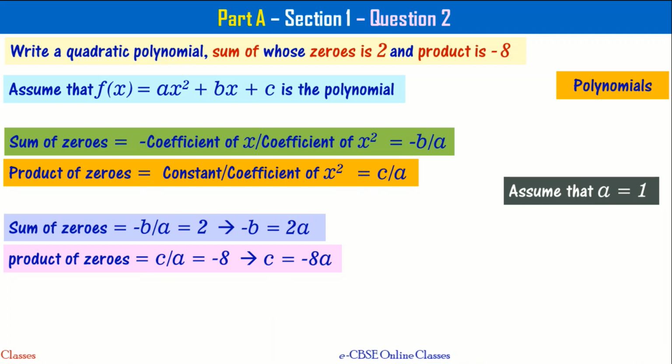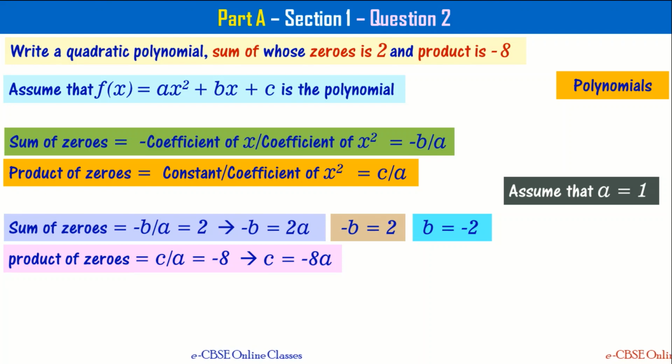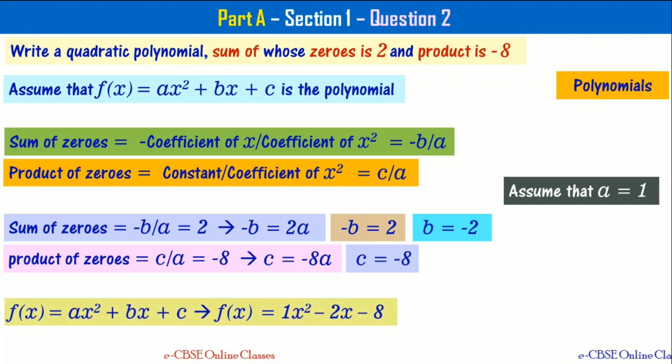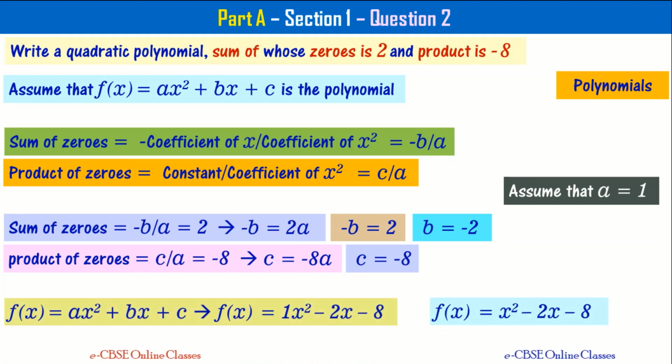When you substitute a equal to 1, b becomes minus 2 and c becomes minus 8. Let's substitute a equal to 1, b equal to minus 2 and c equal to minus 8 into the given equation, that is f of x equal to ax square plus bx plus c. You get f of x equal to x square minus 2x minus 8 as the quadratic polynomial we are looking for.